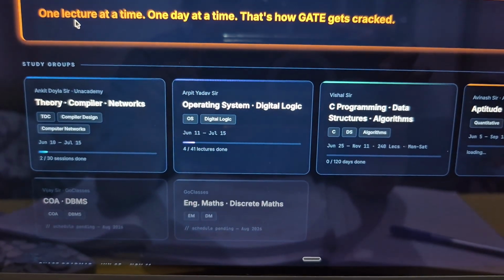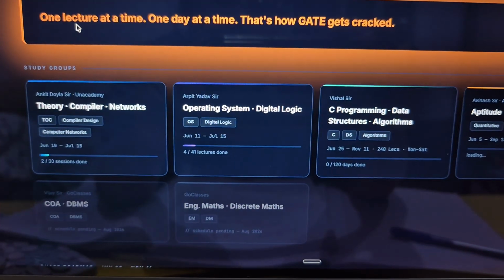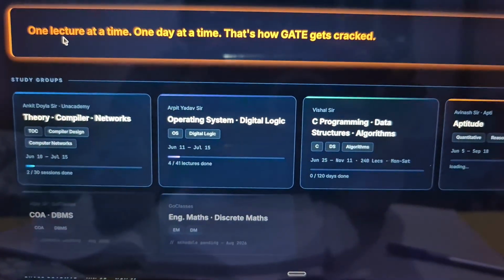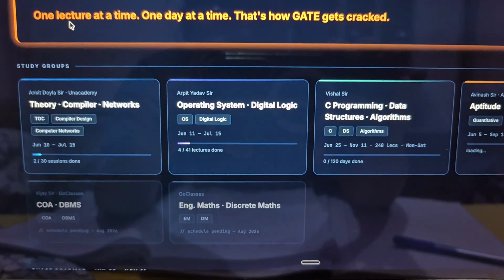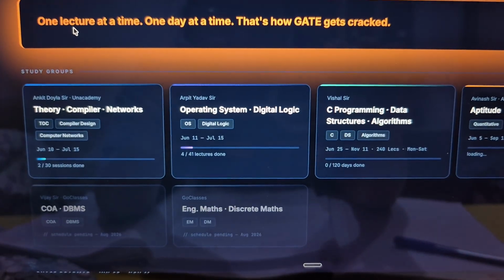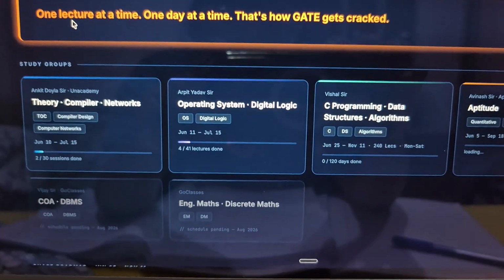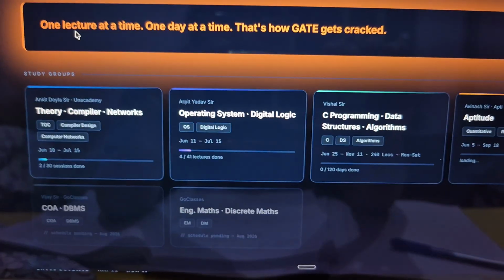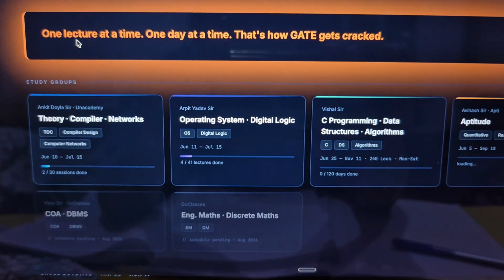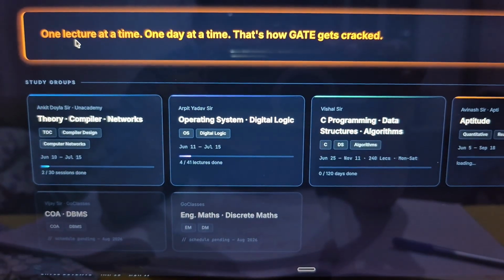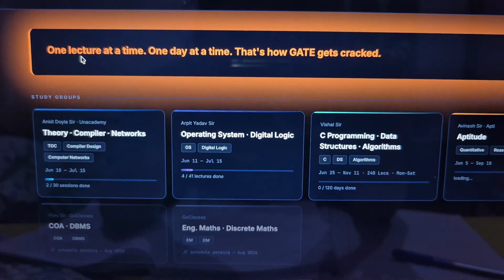People have asked that they will be starting preparation now. Few people asked in the comments, and definitely they can also do it. Whether they are preparing full time or with college also, if you prepare with focus, you will prepare. We have enough time, 7 months is a lot of time.